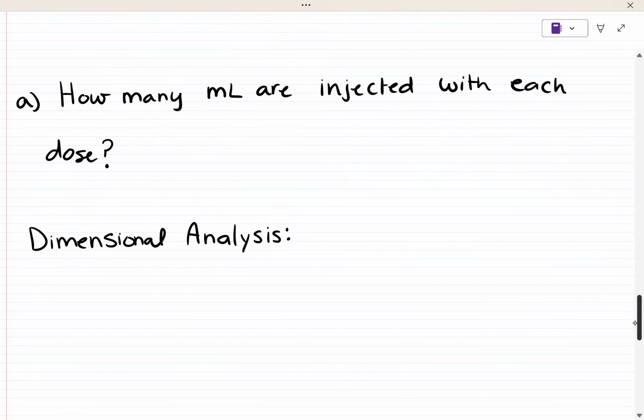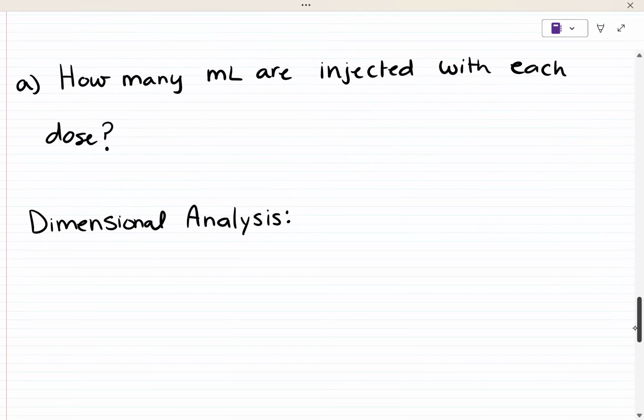So yes, we can do dimensional analysis. So we start with what we were given, 5,000 units. Our final answer has to be in milliliters. Can we do this with dimensional analysis? I think we can.